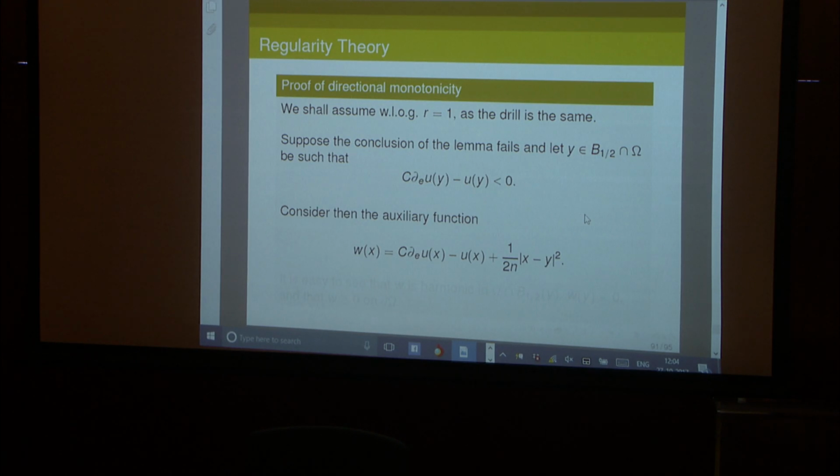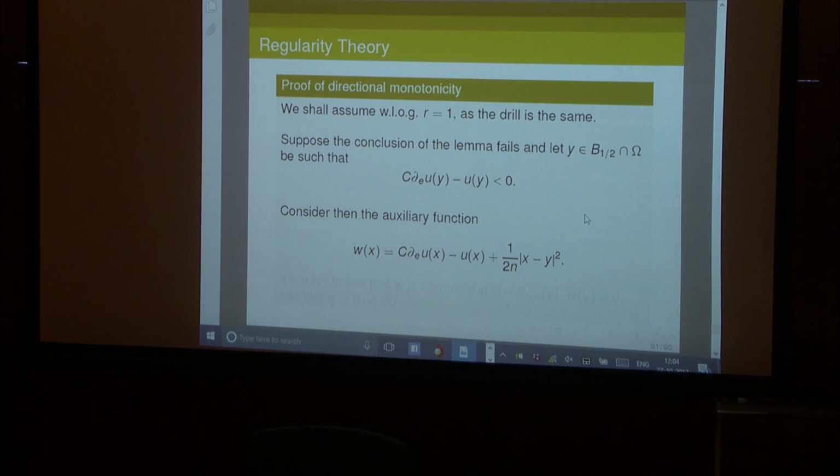So the infimum of this function has to be less than or equal to 0, because it already has a negative value. And the infimum has to happen on the boundary because it's a harmonic function. Okay, so W has a minimum which appears on the boundary.